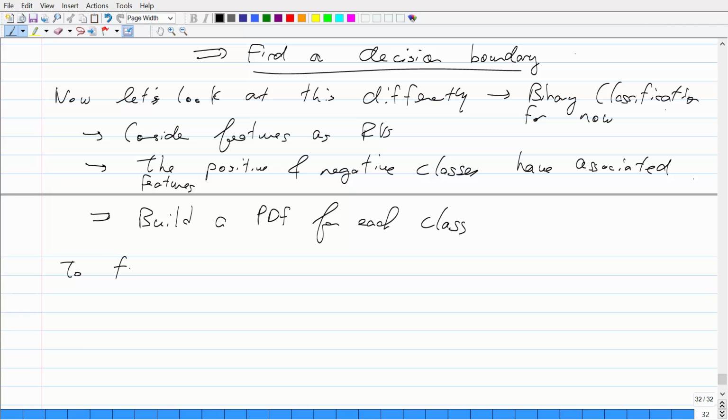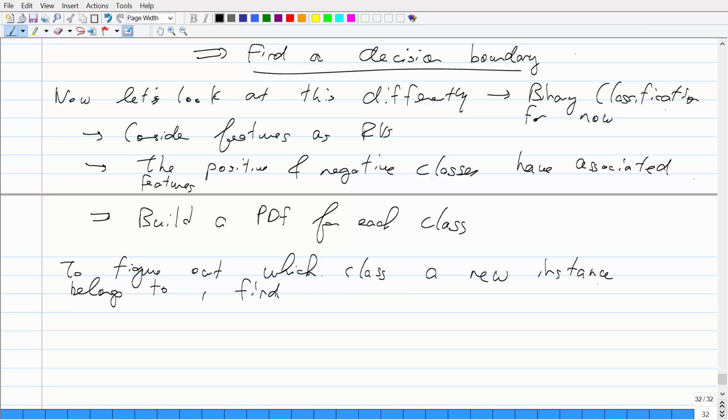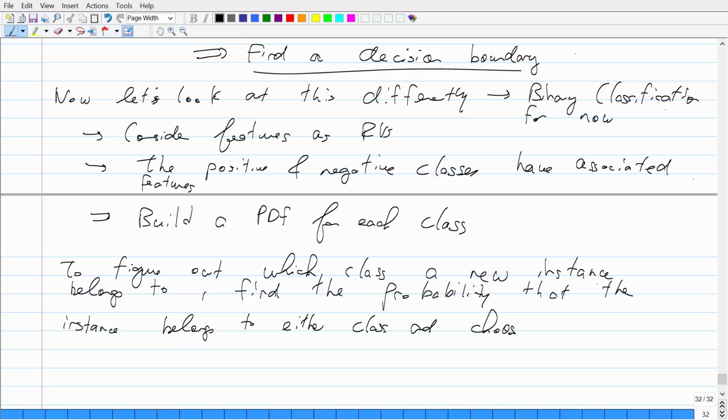Okay, so to figure out which class a new instance belongs to, find the probability that the instance belongs to either class, right, and choose the class with the largest probability.